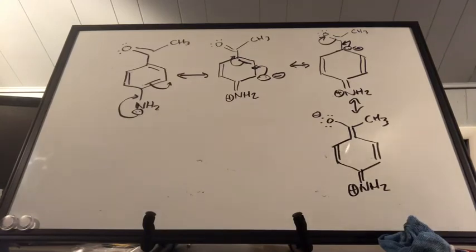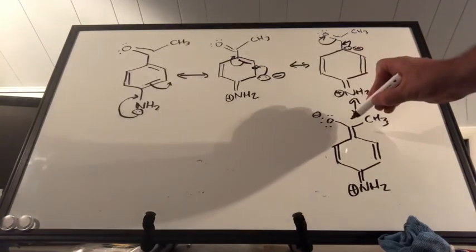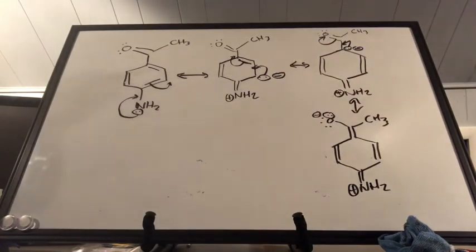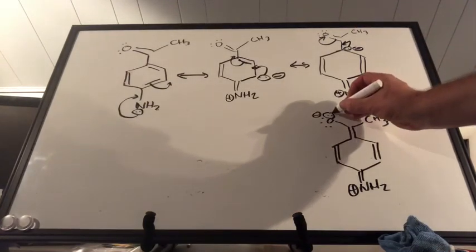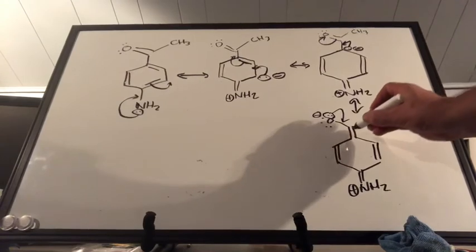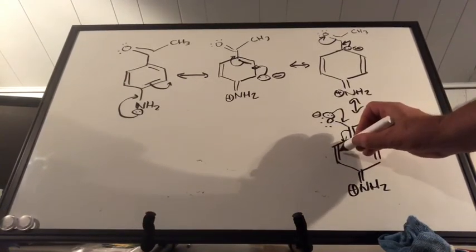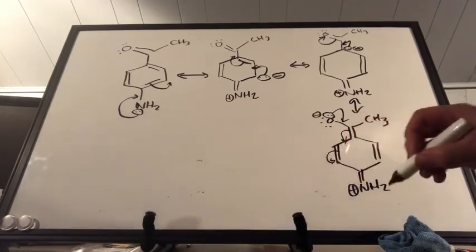Okay, so that charge separation's still there. We really only have one way to go, and that's back this way. But we're not going to repeat some of the other structures we've seen here, so we're just going to move forward. I'm just going to kick these electrons out.